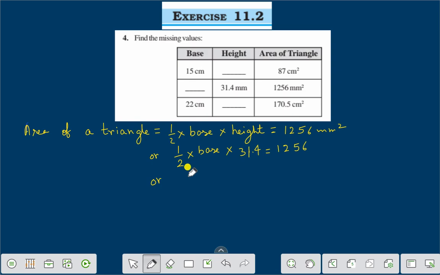Therefore base is equal to 1256 into 2 divided by 31.4.